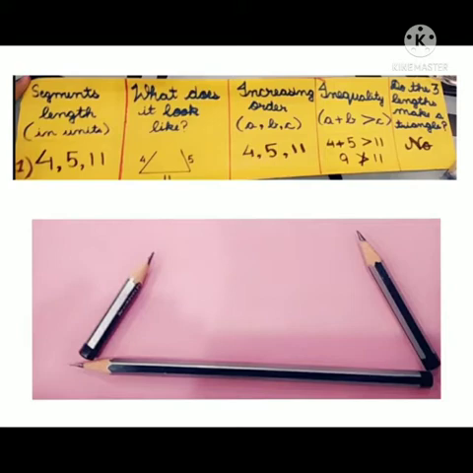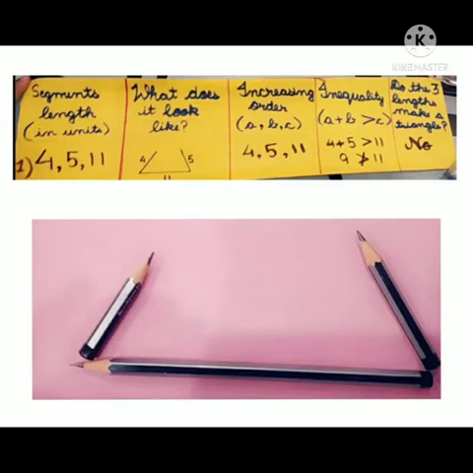So let's start. In the first portion, we are given that 4, 5 and 11 are the units. And what does it look like? It looks like a half triangle which has lengths of 4, 5 and 11. And the increasing order is as usual 4, 5 and 11.